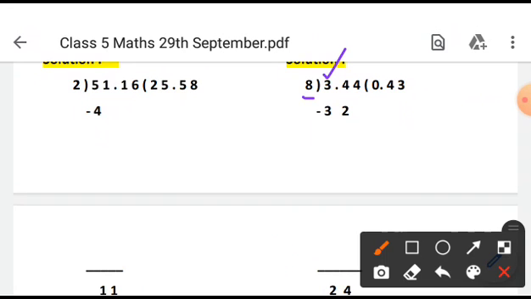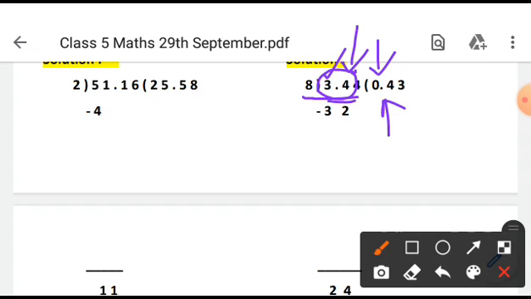So we cannot take the 3. So for that case, what we do, we are going to put a 0 over here, then put the decimal point. Why decimal point we are putting? Because we need to take this 34. This 4 after the decimal point we need to consider. As I have told that 3 is less than 8, you cannot divide it. That is why you are taking this 34. Now you can divide.